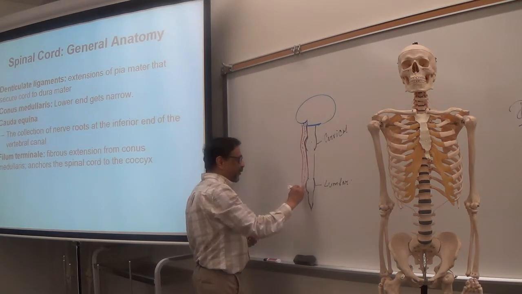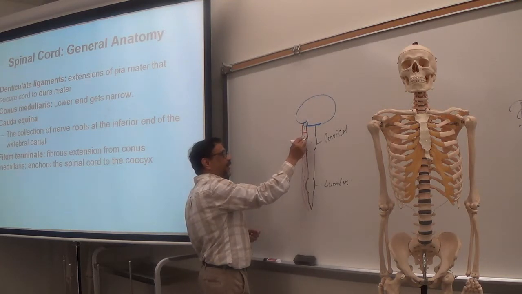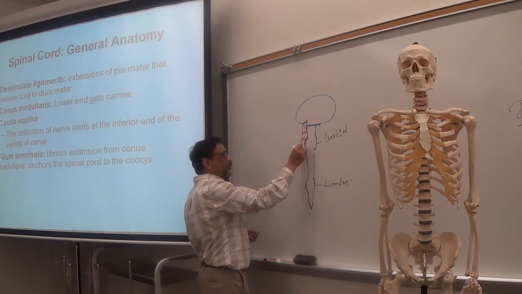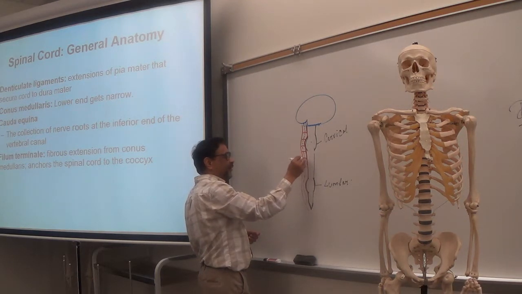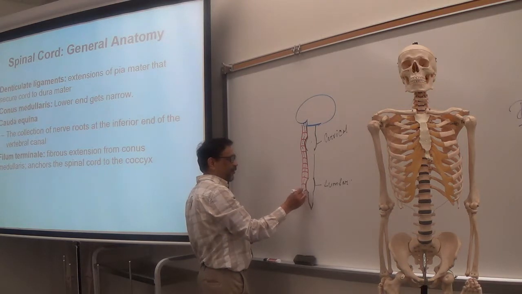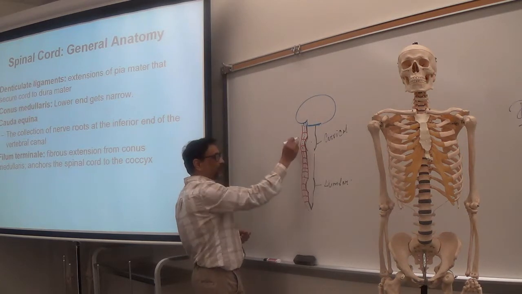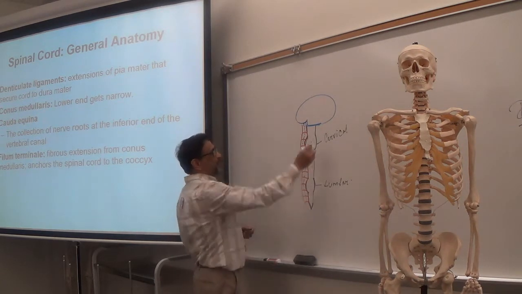Okay, so what happens, from pia, ligaments arise and go to the dura mater like this, and these ligaments keep the spinal cord in right location. It's like, you know, they are tying the spinal cord to the dura mater. Same thing in this side.